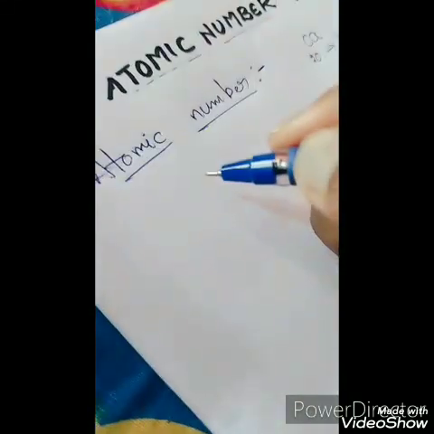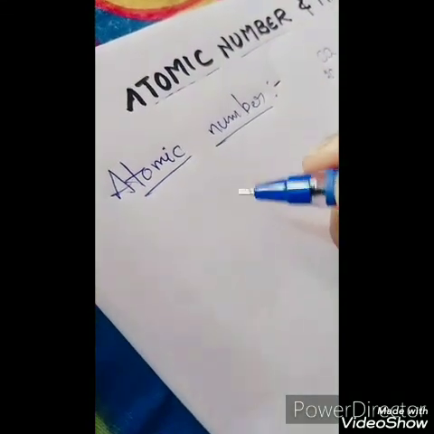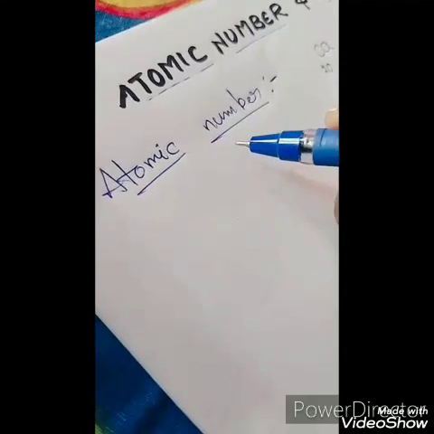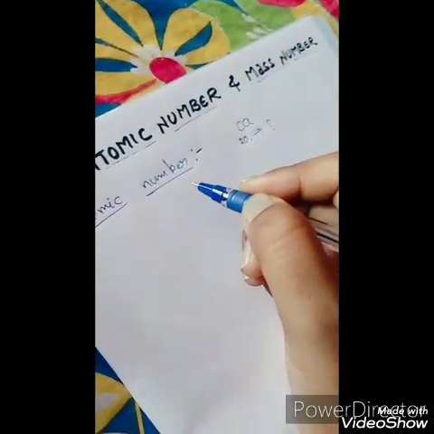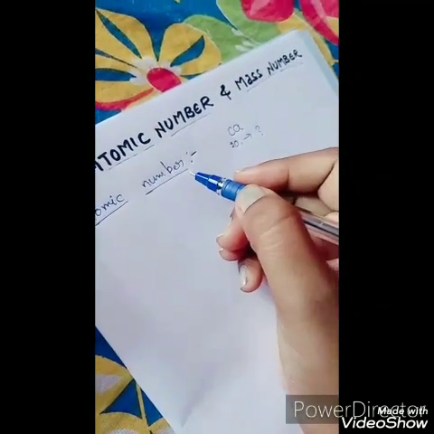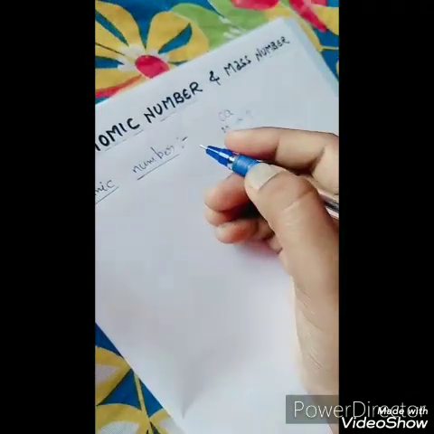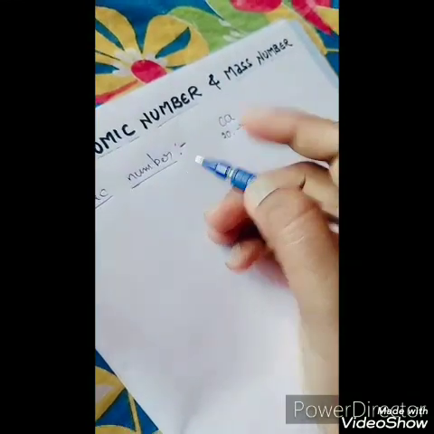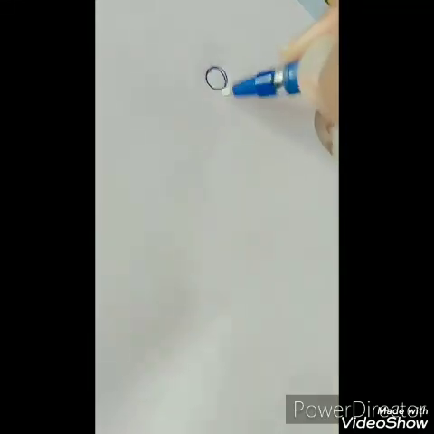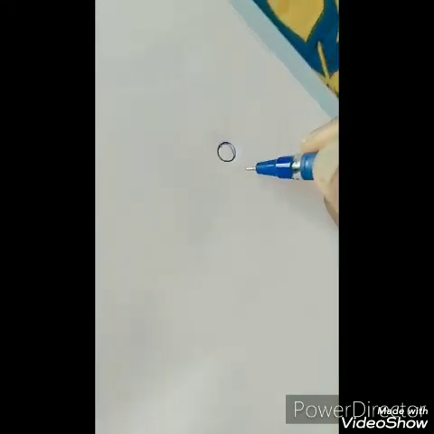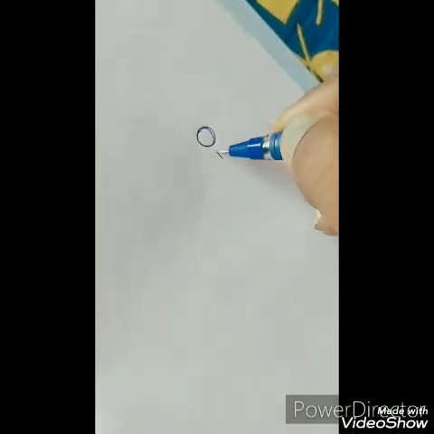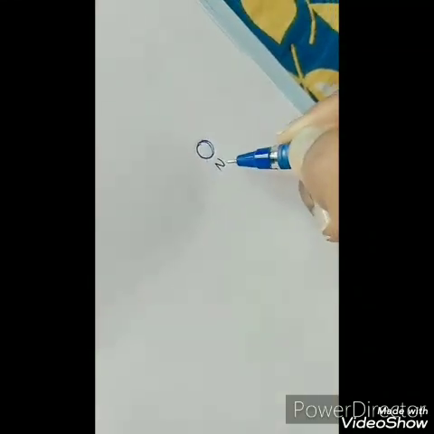Atomic number means, since the atom as a whole is electrically neutral, the number of positively charged particles, that is protons, present inside the atom. If you see the picture of any atom, in the middle of the atom, the nucleus should be presented.